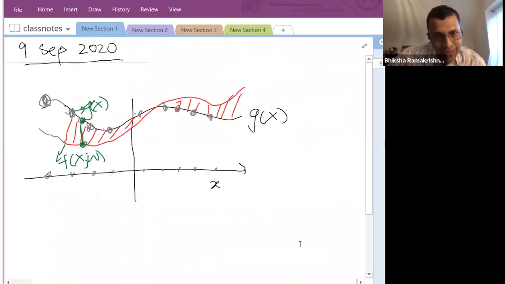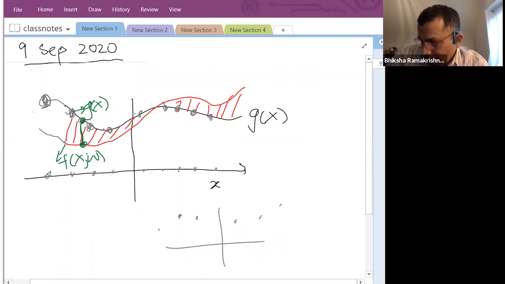The hope is that if I get a function that goes through these dots, it's going to be correct everywhere. That's the hope. The only guarantee you have is that it has gone through these points. Make sense to everybody?